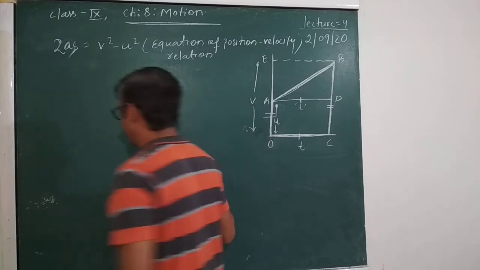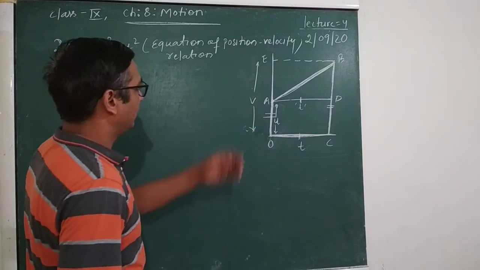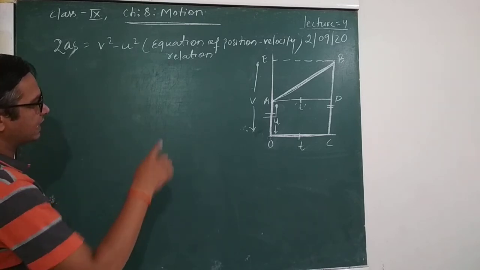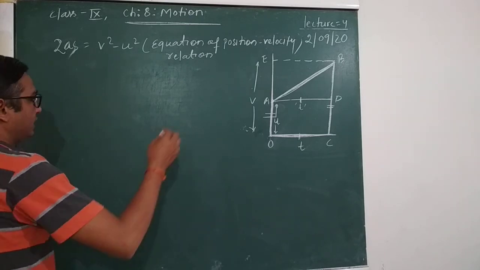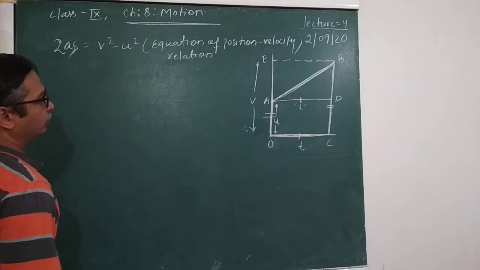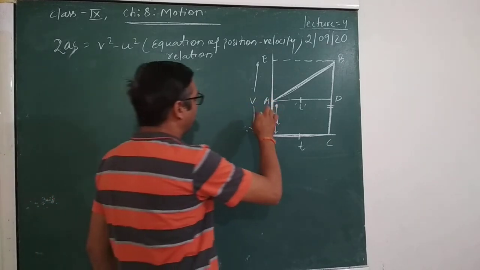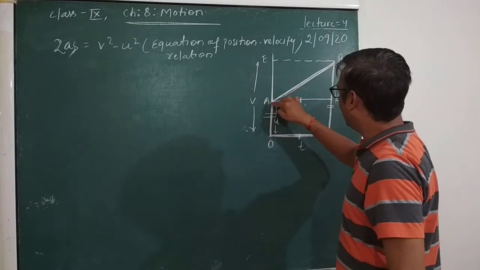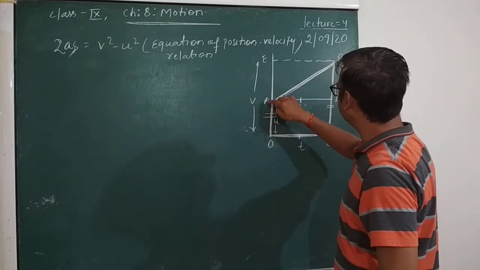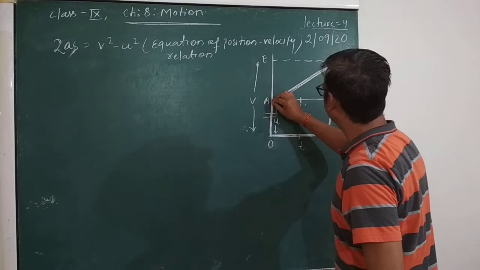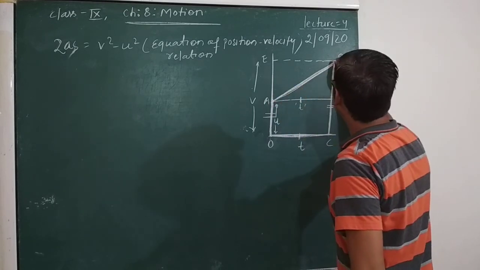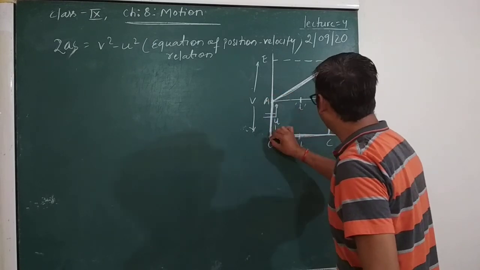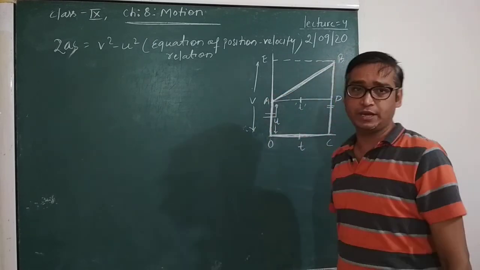Now how to derive these equations? First, you know that from the velocity-time graph, as shown in this figure, the total distance traveled by an object is given by s, and this total distance is enclosed by the figure ABCO, or AOCB.